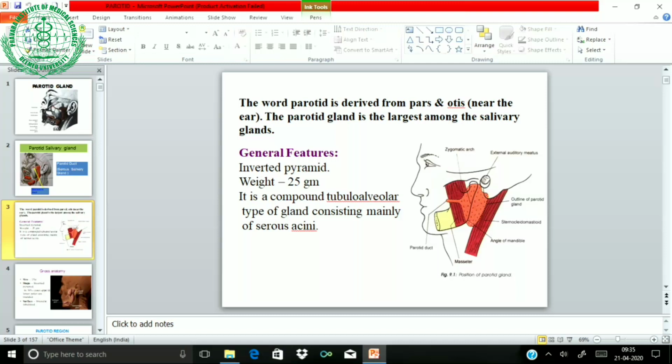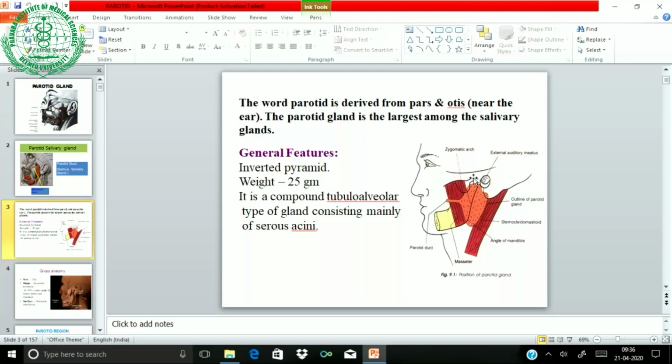The weight of the parotid gland increases in an infective condition known as parotitis. This parotid gland is a compound tubuloalveolar gland consisting of a greater number of serous acini as compared to the mucous acini seen in its structure.